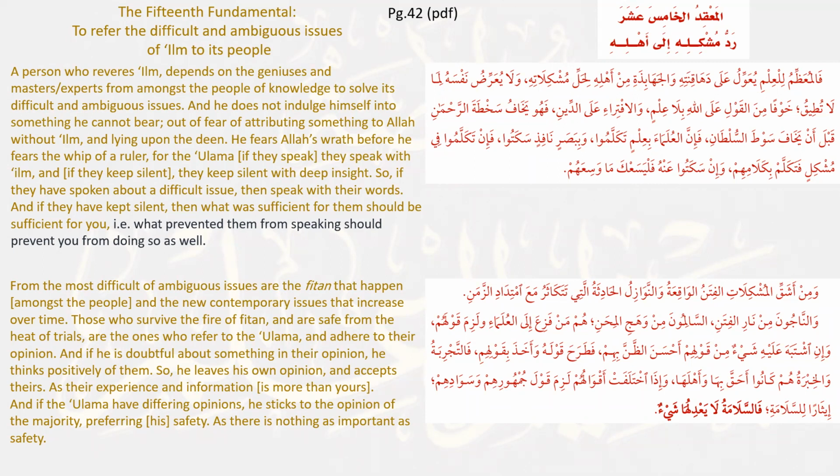Mihan is the plural of mihna, and mihna refers to, again, test and tribulation. And from it comes al-imtihan. We use the word imtihan for tests and examinations because it has the same root as mihna. Mihna also means test and tribulation.